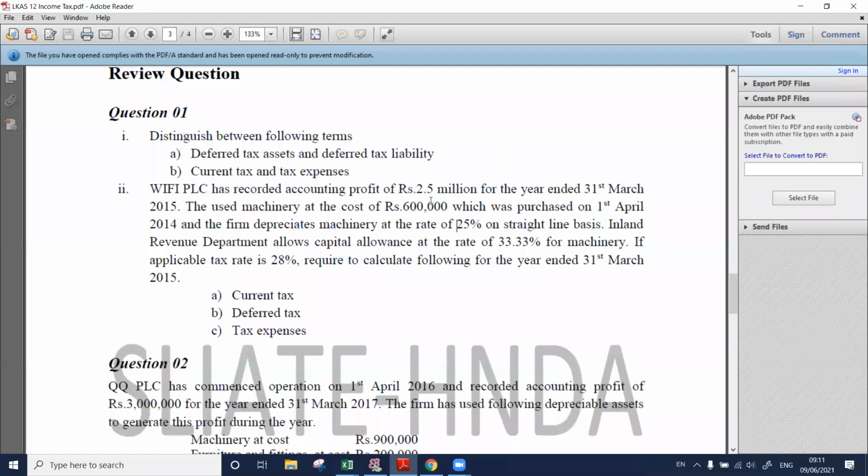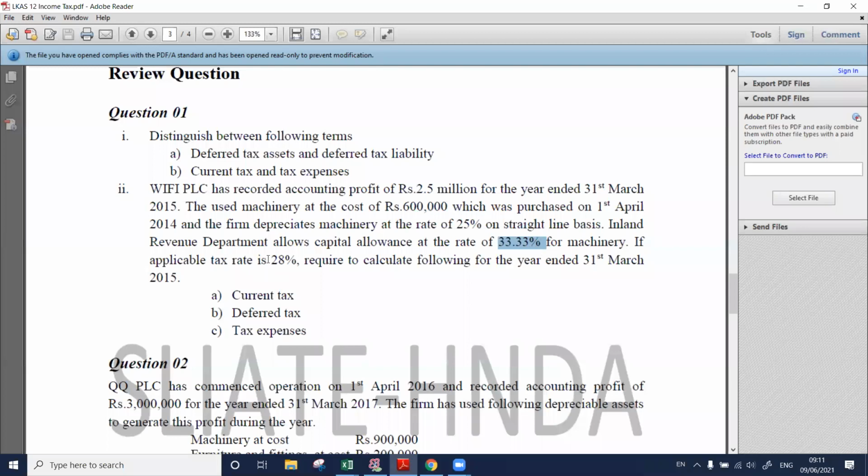Inland Revenue Department allows capital allowance at the rate of 33.33%. එහෙනම් මේ යන්ත්‍රයට අදාළ capital allowance rate එක 33.33% or 1/3.